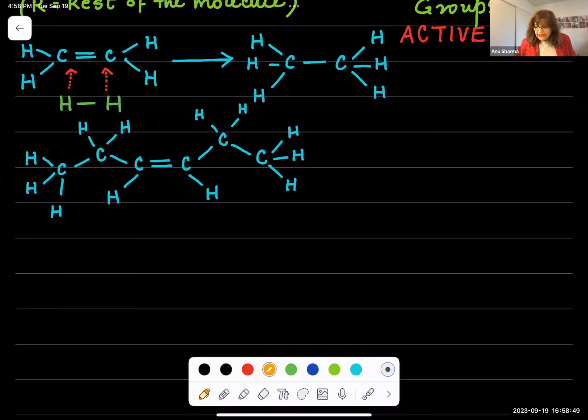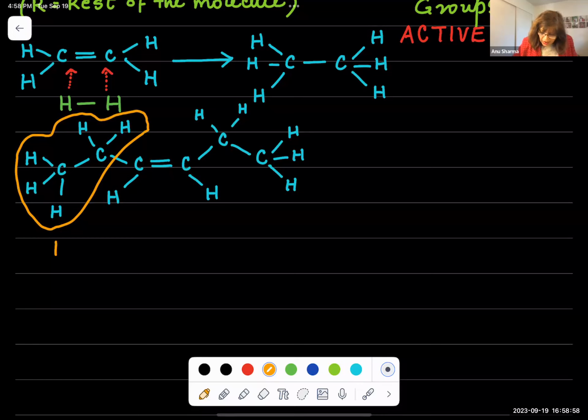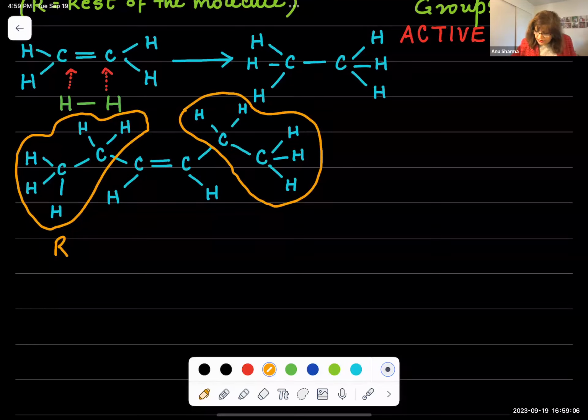Okay. So we see that this part, since it doesn't take part in a chemical reaction, can be shown as R. And since both the R's are the same, this part can also be shown as R. So this is R. If they are different, then it's R1 and R2. But in this case, we have the same story.